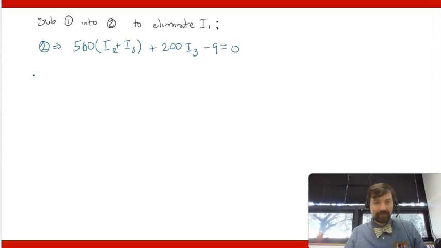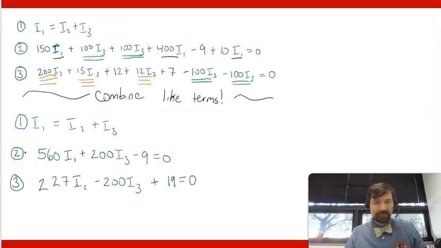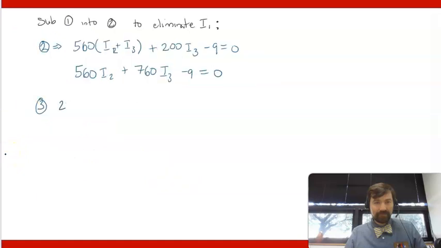And again, combining like terms, this should give me 560 I2 plus 760 I3 minus 9 is 0. And now you can combine that with equation 3, which is right here, saying 227 I2 minus 200 I3 plus 19 is 0.